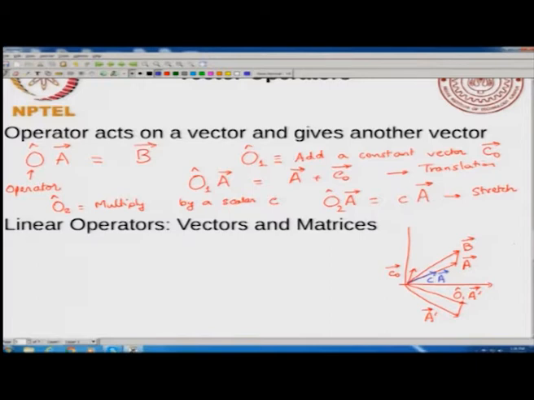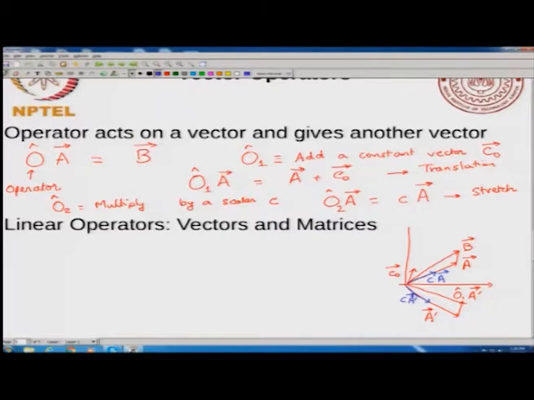If C is greater than 1, it will be longer. Similarly, it will take this and shrink it by the same factor, so whatever the factor was here, the same factor C times A prime. So these are common operators.